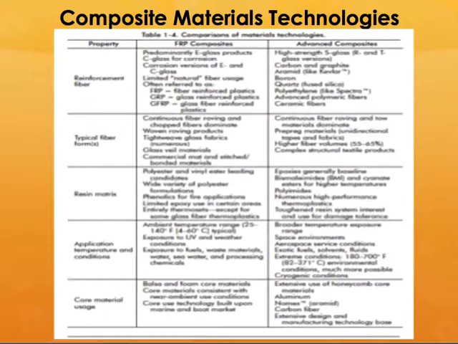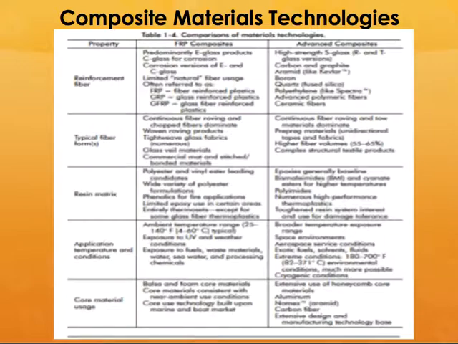So, this is a list of different composite material technologies. I've talked about it briefly in some of the previous lectures, and there is information about the different kinds of reinforcement fibers, typical filler content, resin matrix, and things like that.